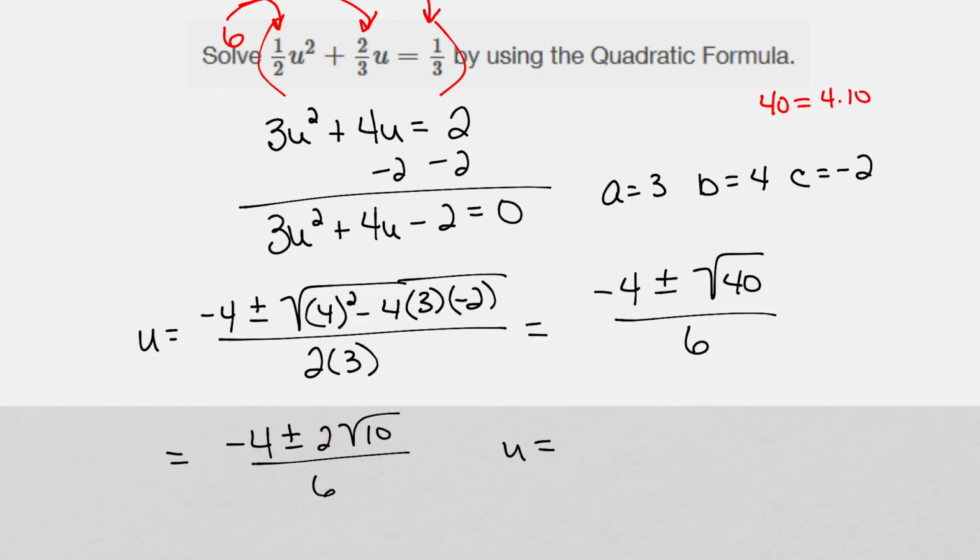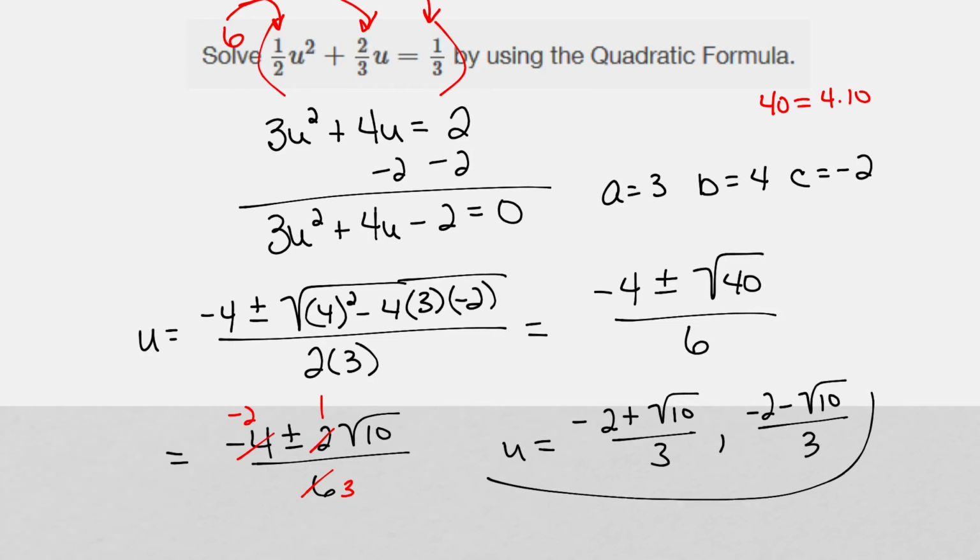Okay, so I can reduce every one of these by a factor of 2. 2 goes into negative 4 negative 2 times, 2 goes into 2 once, 2 goes into 6 3 times. So u turns out to be negative 2 plus the square root of 10 over 3 and negative 2 minus the square root of 10 all over 3. Those are your two exact solutions.